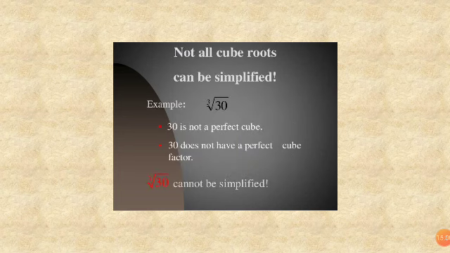Not all cube roots can be simplified. Cube root of 30: 30 is not a perfect cube. Why? 30 does not have a perfect cube factor, so it cannot be simplified.